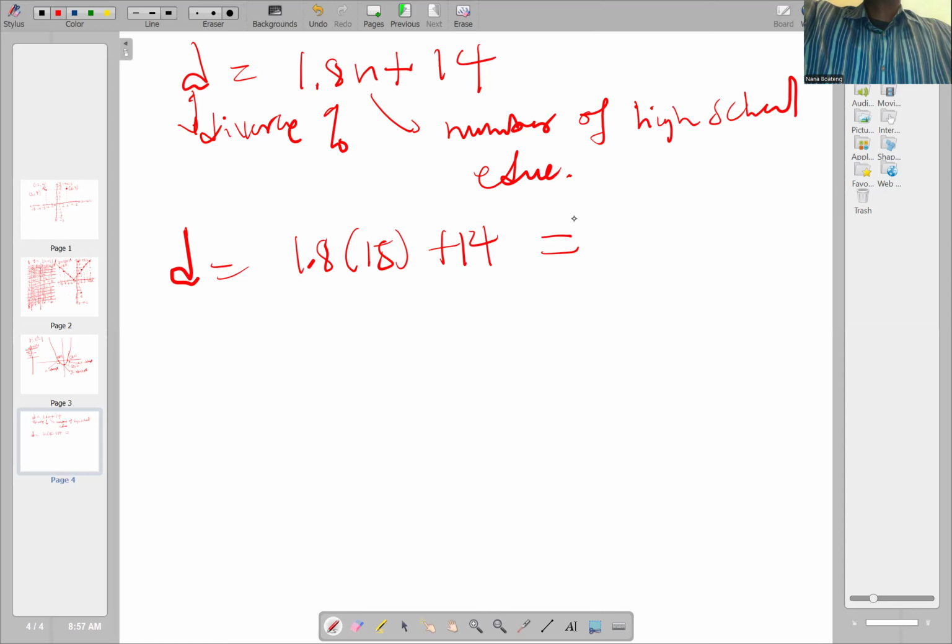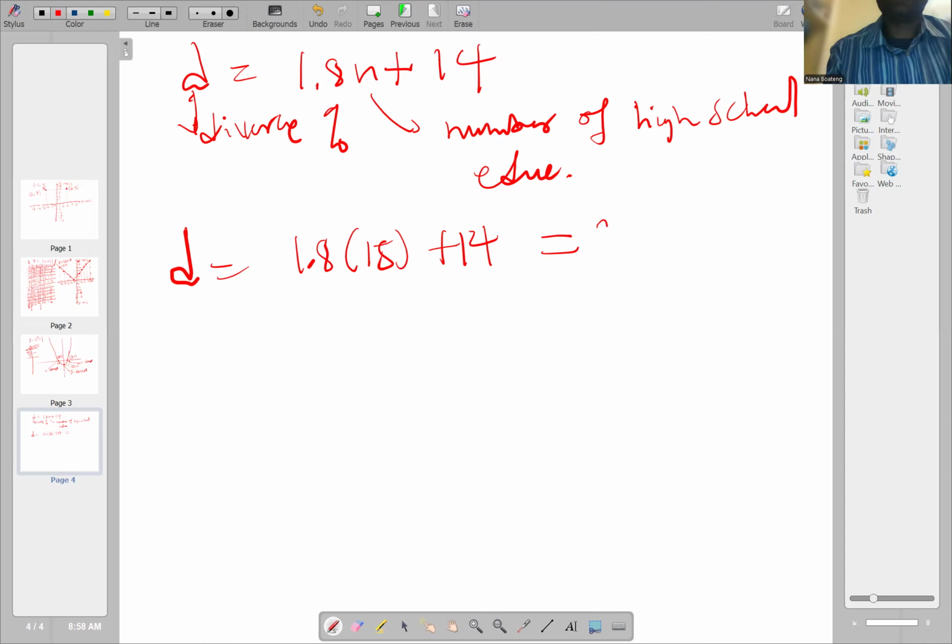And once we multiply 1.8 by 15, we can then add the result of that to 14 to find the divorce rate. So 1.8 times 15 is, you can use your calculator if you can do this. 1.8 times 15 is 27.